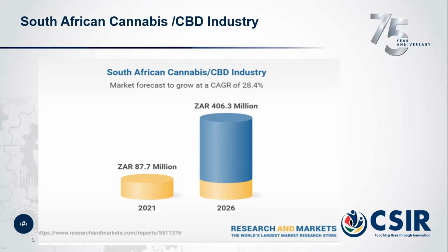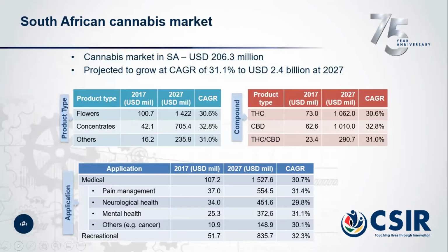So there's enough growth in this sector. This was a recent report that came out last month, we're in April. And Prohibition Partners also published something last year in 2021, and this is their forecast also. I think there's a correlation between both of them.